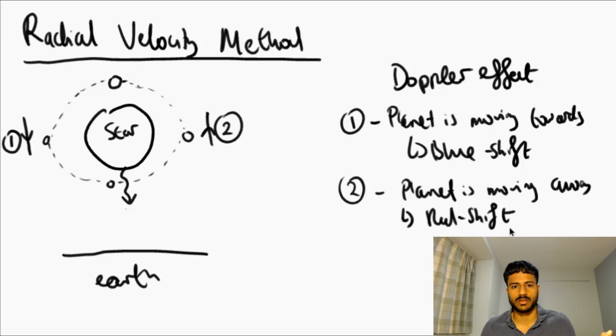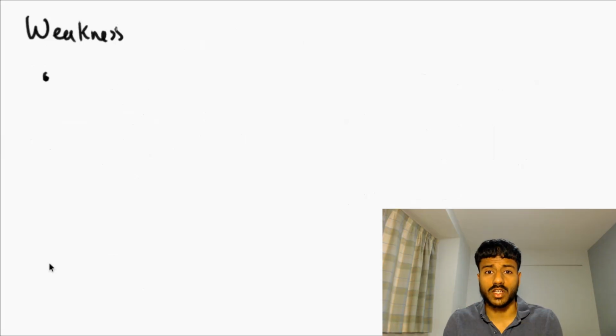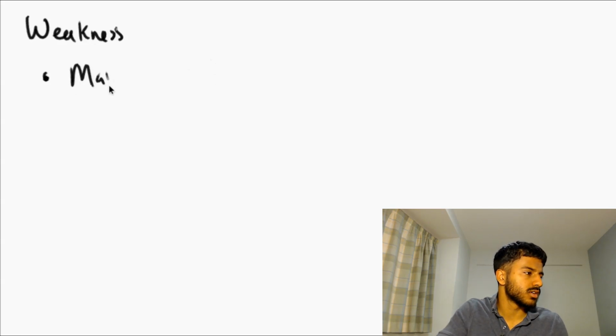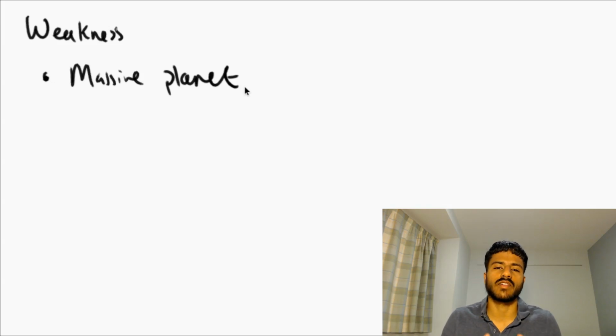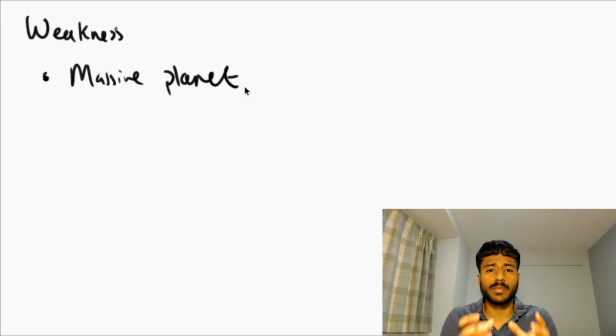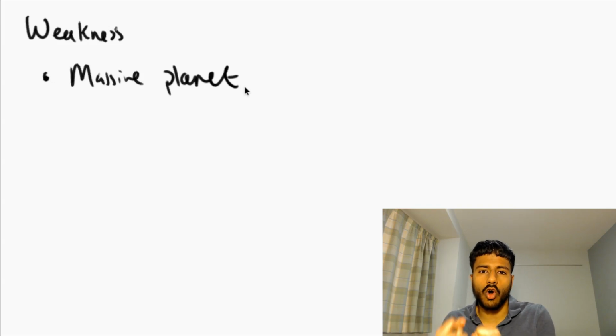Now, this Doppler effect is going to be very, very subtle, but just about measurable, and that's how we can detect an exoplanet. Now, one major disadvantage or weakness to the radial velocity method is that you need a massive planet. So planets around the same size as the Earth will struggle to produce a significant Doppler effect. So you need a planet with a large mass in order to have a measurable effect. And this is because it's the gravitational field of that planet that is causing this Doppler effect.